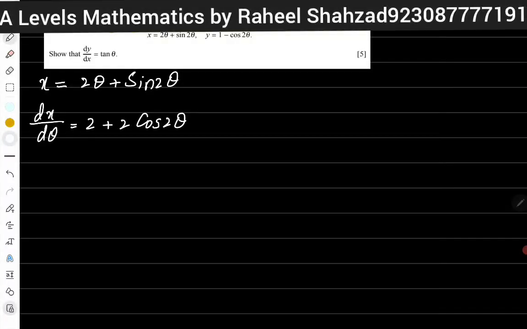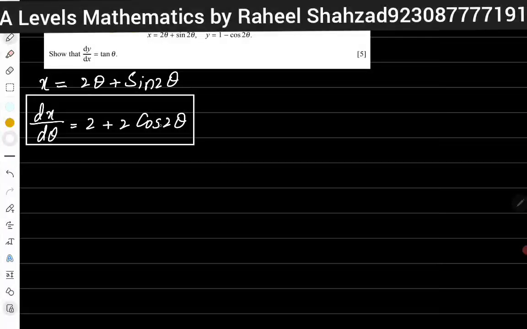because the derivative of sine 2 theta is cos 2 theta into the derivative of the angle, that is 2 cos 2 theta. That is dx by d theta. Now for dy by d theta, we have y equals 1 minus cos 2 theta.